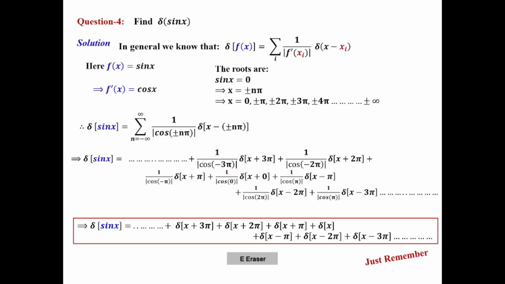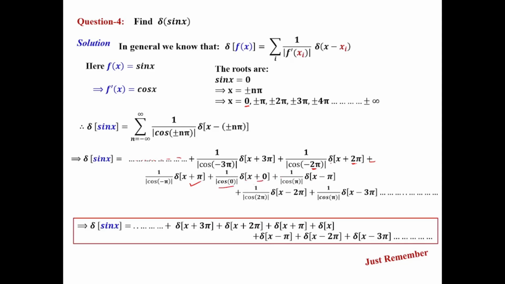I have not written it, you just imagine. So these terms are there, plus 1 by cos(−2π) delta(x + 2π), plus 1 by cos(−π) delta(x + π). Then after that, which term will come? The 0 term, because n equal to 0 is also a root of sin x, so 1 by cos 0 delta(x + 0), right?